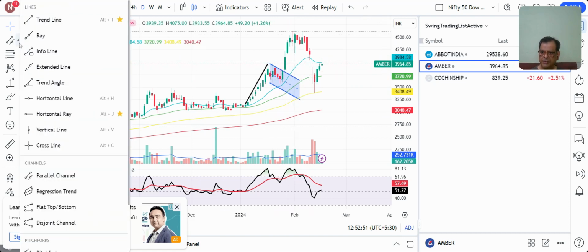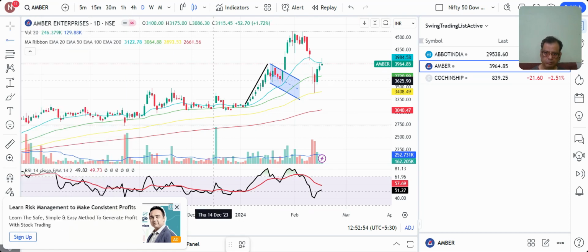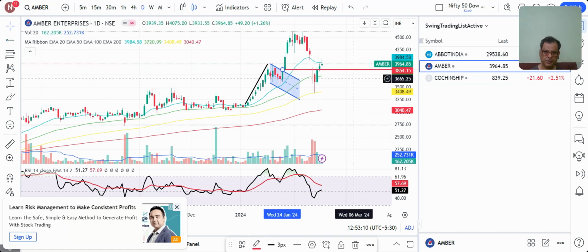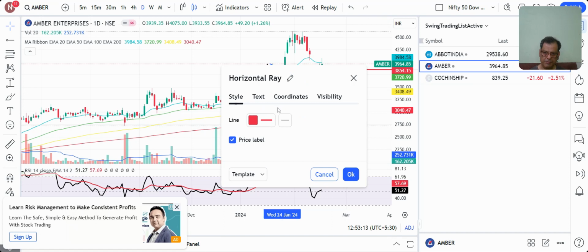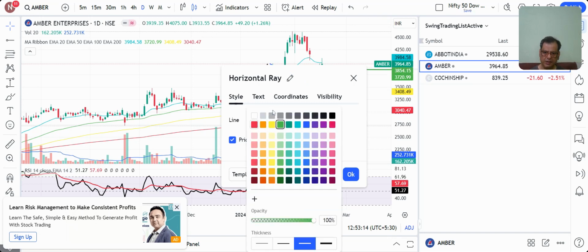So let me mark the entry here. Entry would be above the 3840, so it will be something like 3845 or something. You can mark this as green.